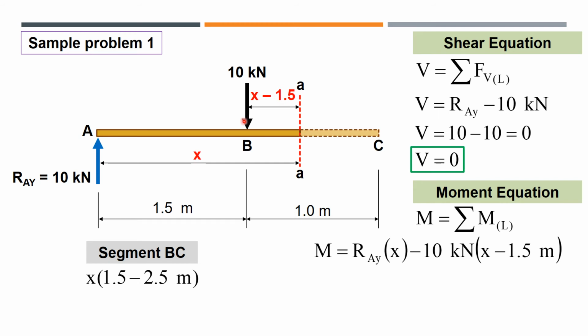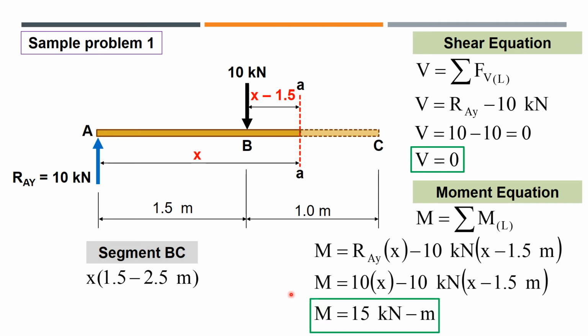Now, 10 kilonewton force is counterclockwise, so minus 10 with moment arm of x minus 1.5. So you substitute 10 here and you simplify the moment equation. So that this will be our moment equation for segment BC.